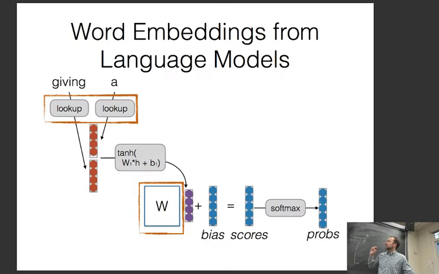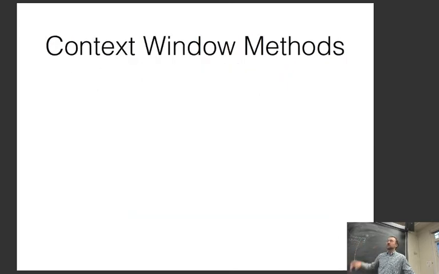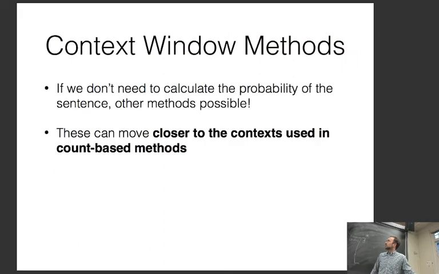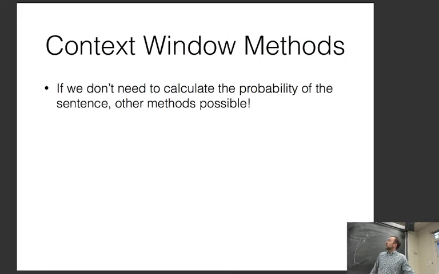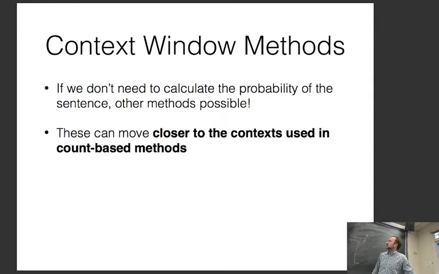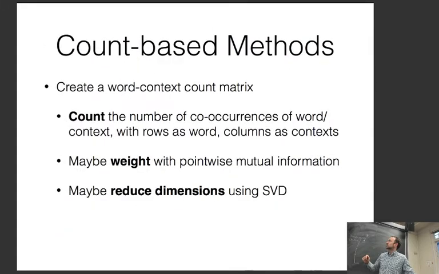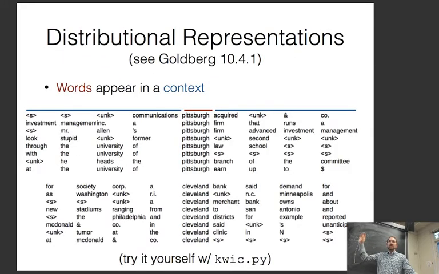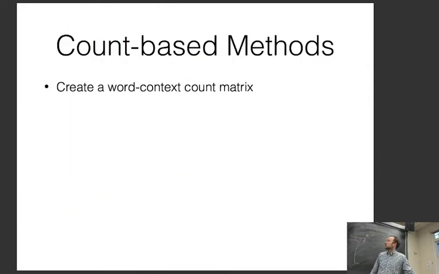This was covered briefly in the reading, but basically, if we don't need to calculate the probability of the sentence, we can come up with other methods. And these can move us closer to the contexts that are used in the count-based methods. Count-based methods always use information on the left and the right because, of course, information on both the left and right is useful.